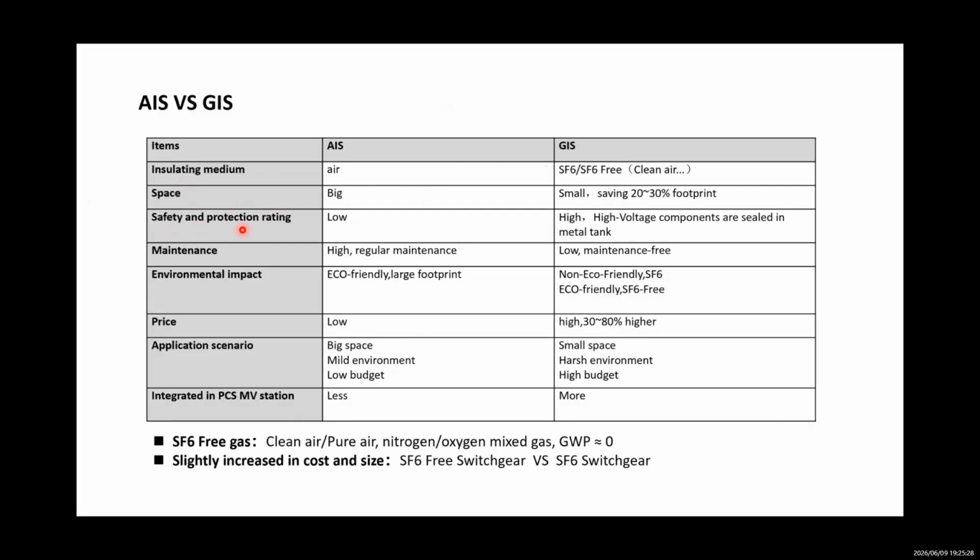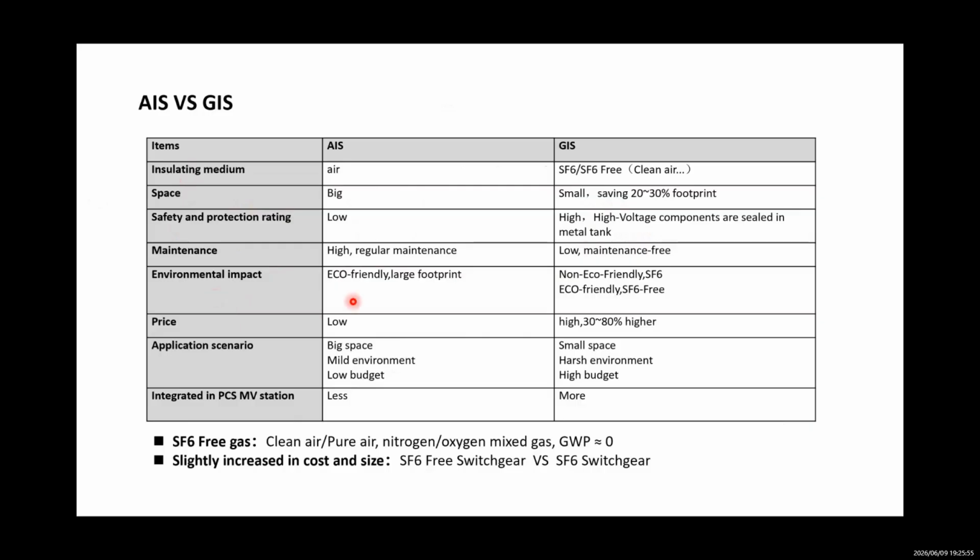For safety and protection rating, AIS is lower, while GIS is high because high voltage components are sealed in a metal tank. For maintenance, AIS needs high regular maintenance. For GIS, it's maintenance free.